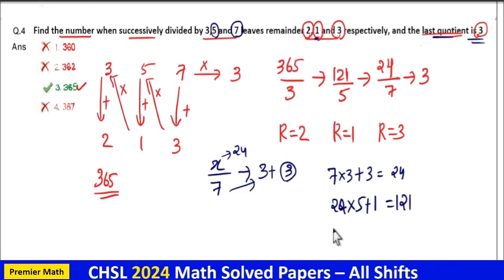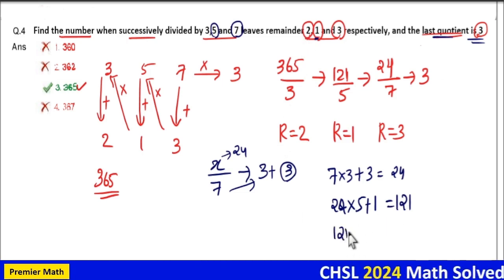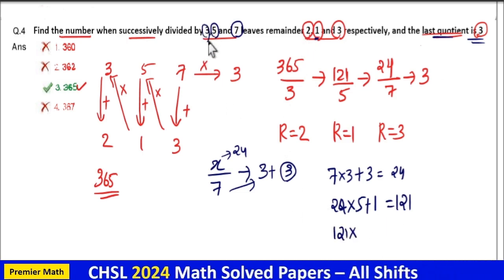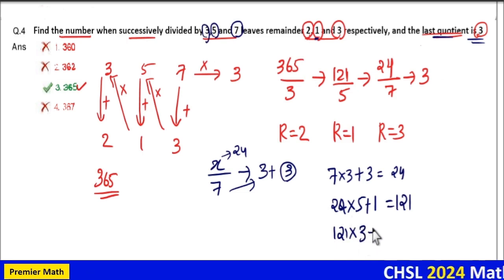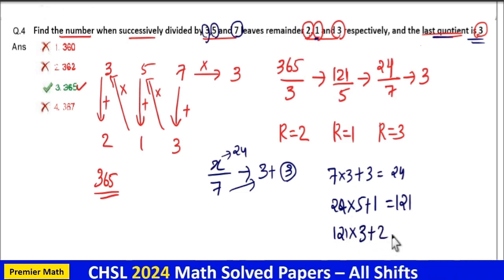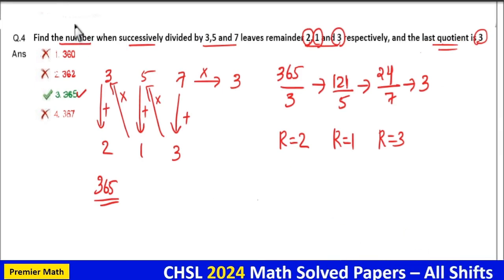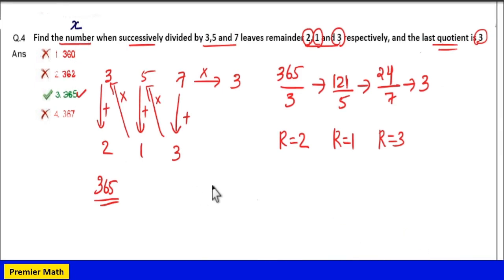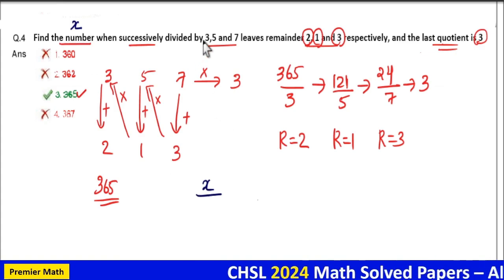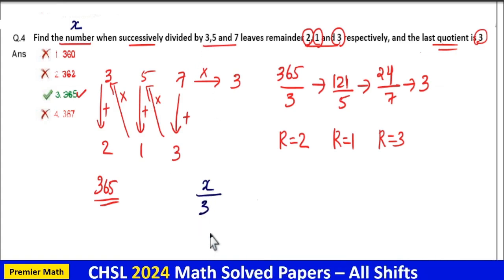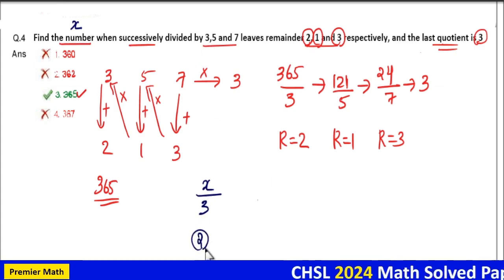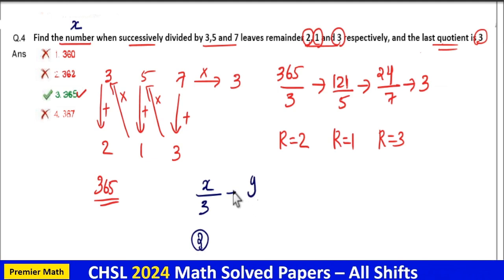So, which means 121 into 3 plus remainder 2 is that number, that is 365. That is, here consider the number as x. So, x when divided by 3 will give you remainder 2 and quotient y.